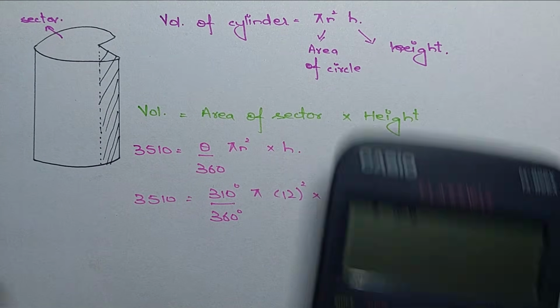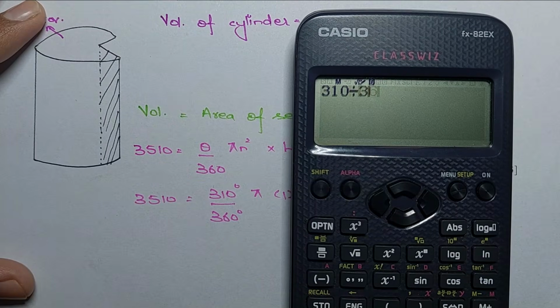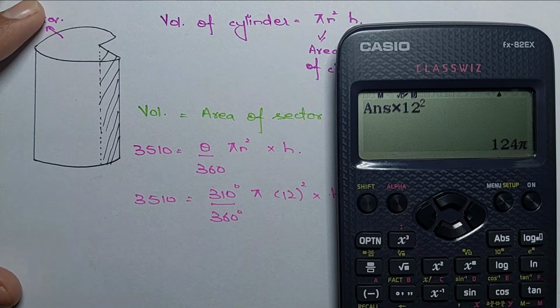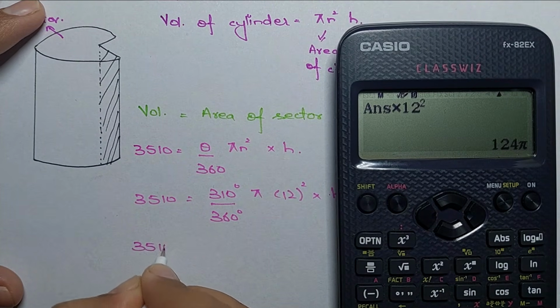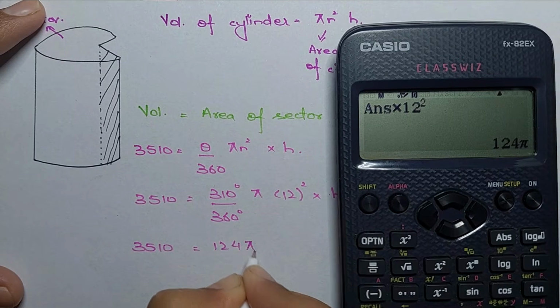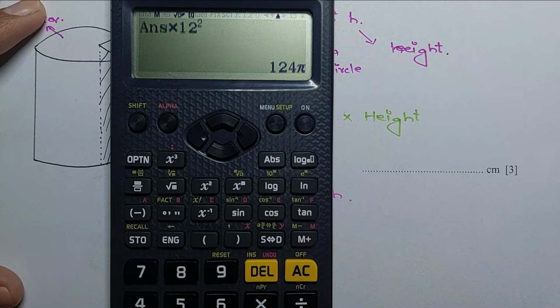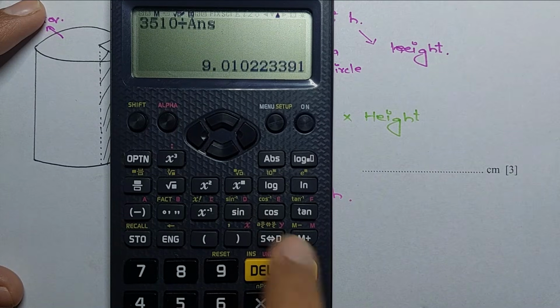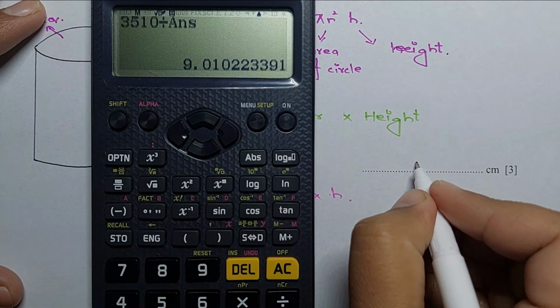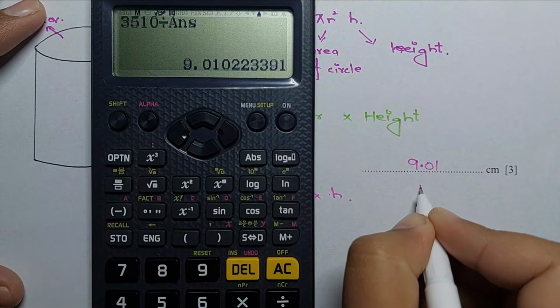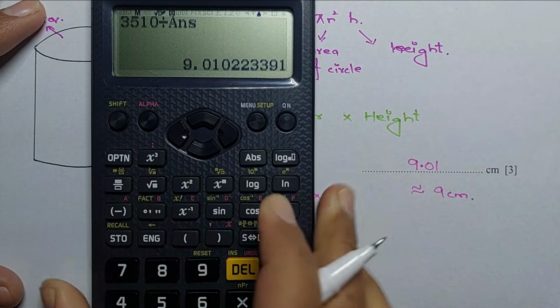So we have 310 over 360 times pi times 12 square. This is 124 pi. So 3510 equals 124 pi times the height. So 3510 divided by 124 pi, this would be the height. Okay, 3510 divided by answer. The height is 9.01, rounded to 9 centimeter is the height of that cake.